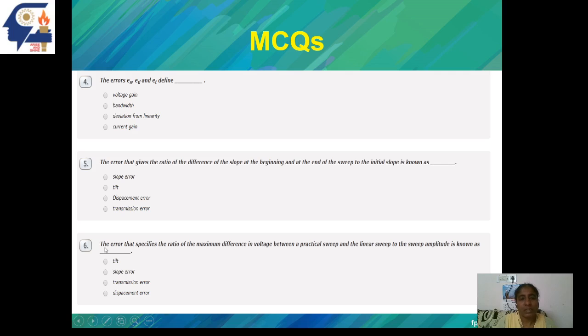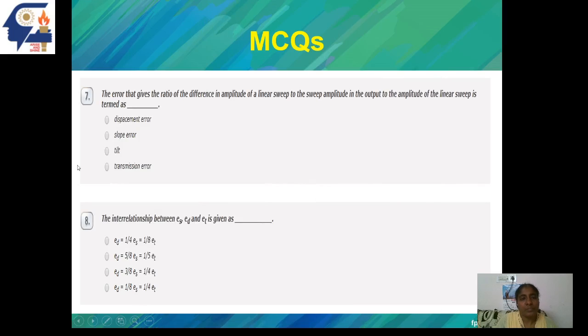Next question, the error that specifies the ratio of the maximum difference in voltage between the practical sweep and the linear sweep to the sweep amplitude is known as displacement error. The second thing we have seen: actual sweep minus linear sweep divided by the maximum amplitude at the end of Ts is displacement error.